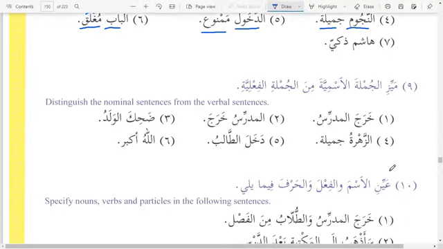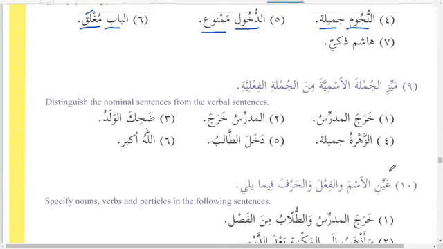Yes, so the first one. Kharajal mudarrisu. It's a verbal sentence. Kharaja starts with the verb. Al jumlatul fi'liyatu. Number 2. Al mudarrisu kharaja. Jumlatul ismiya. Al mudarrisu is the subject. Where is the predicate?